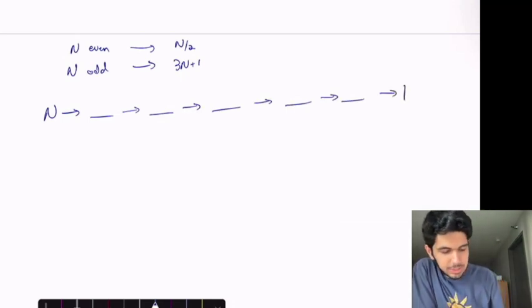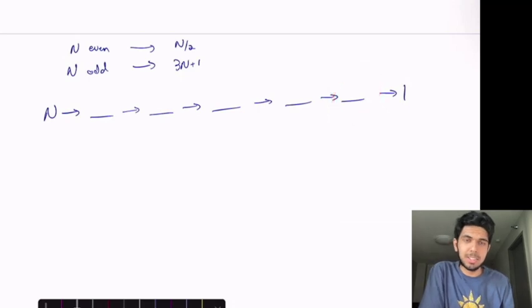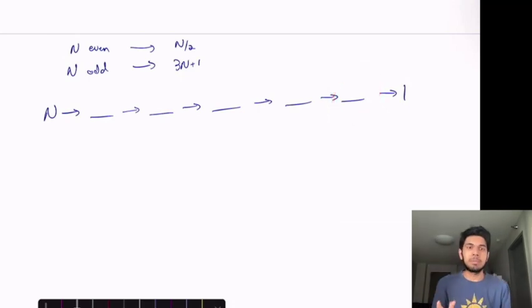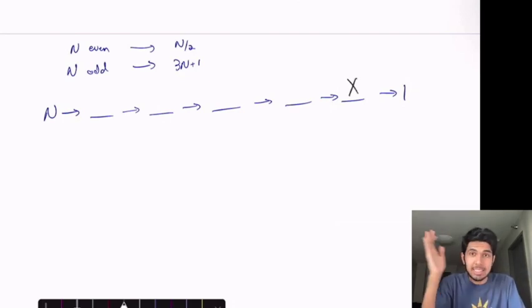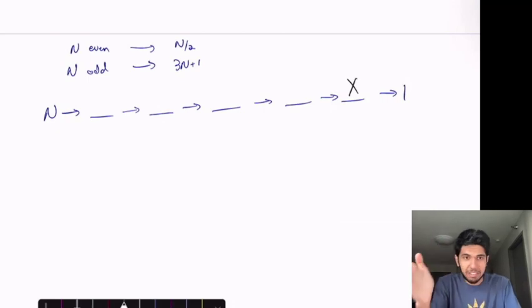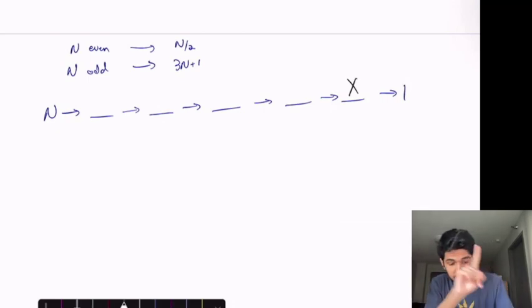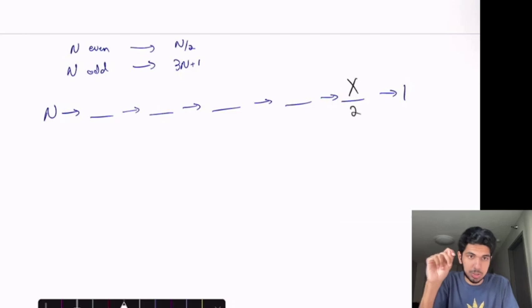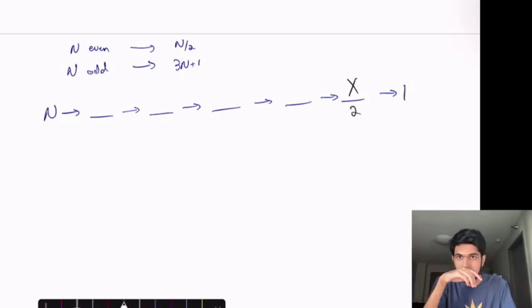Okay, let's consider the step right before the last step, where we feed in some number and we get 1 in return. Let's call this number x, and we feed that into the machine. If x is even, then we halve it and we get 1. So x could be equal to 2, because 2 is even, half of 2 is 1, which is what we want.